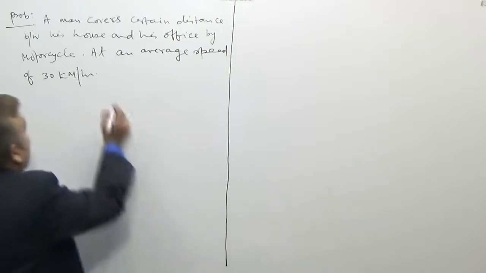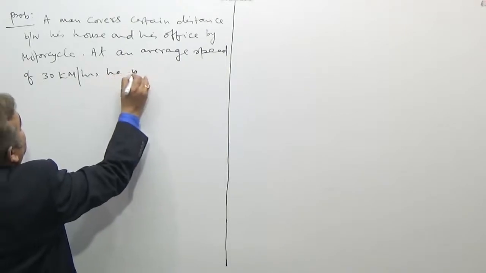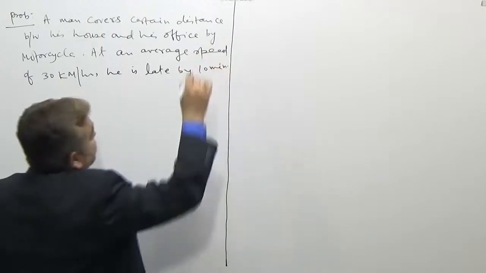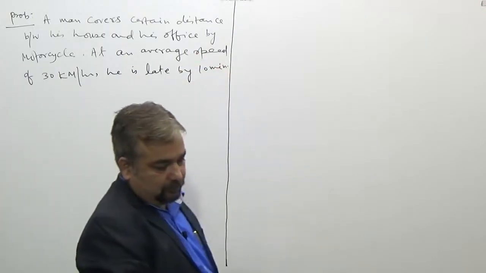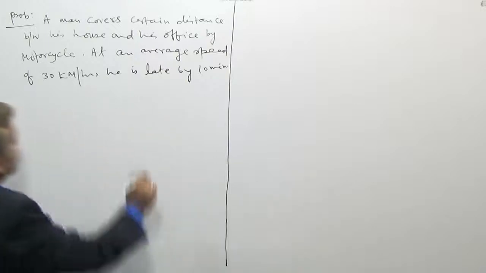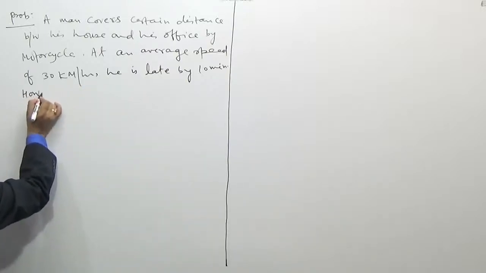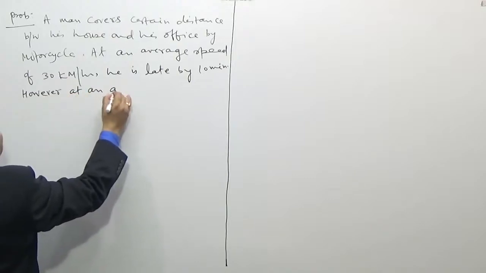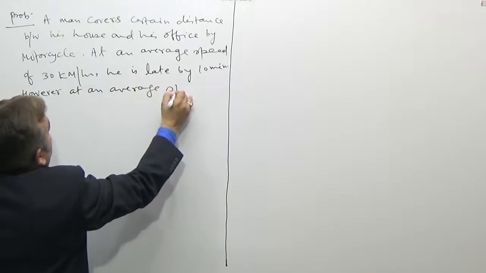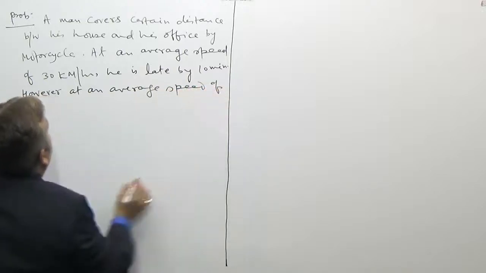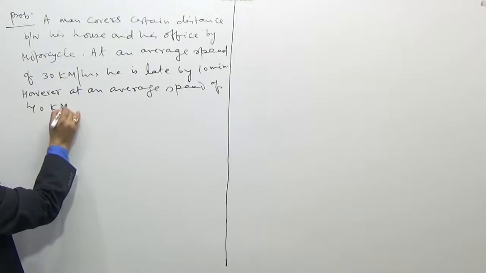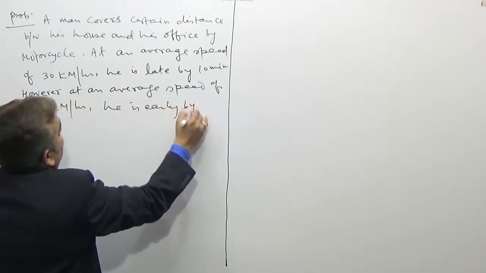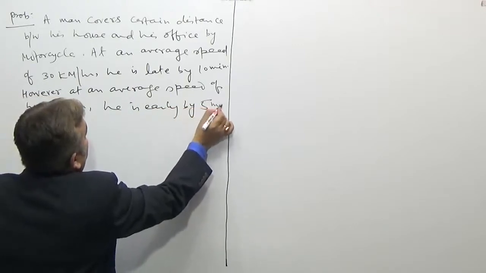He is late by 10 minutes. However, at an average speed of 40 kilometer per hour, he is early by 5 minutes.